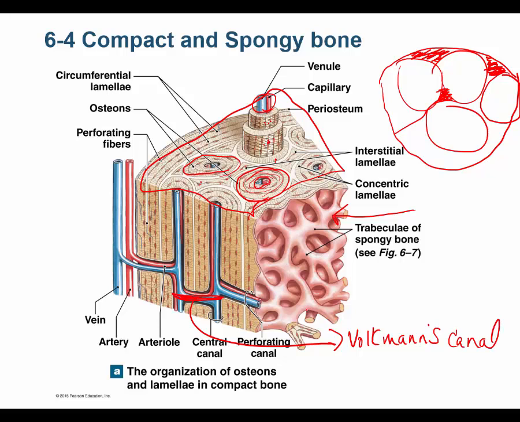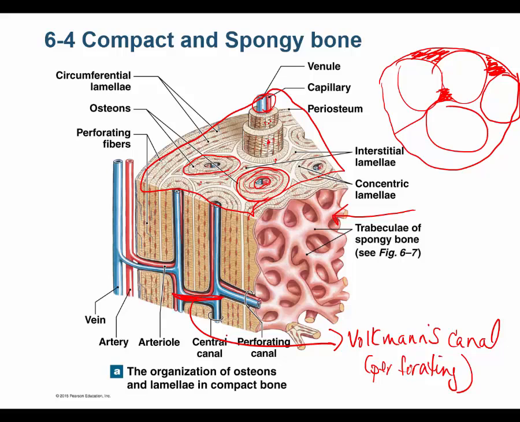So my central canals are connected by Volkmann's canals, also known, by the way, your book will probably say it this way, as perforating canals. So your book will call Volkmann's canals perforating canals.